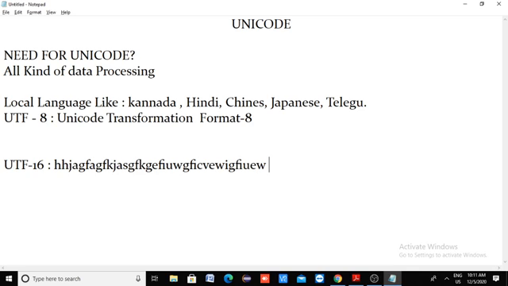Suppose in UTF-16 this word contains 32 bits. It divides the full word into 2 words of 16, so now it can translate a 16-bit binary number at a time.